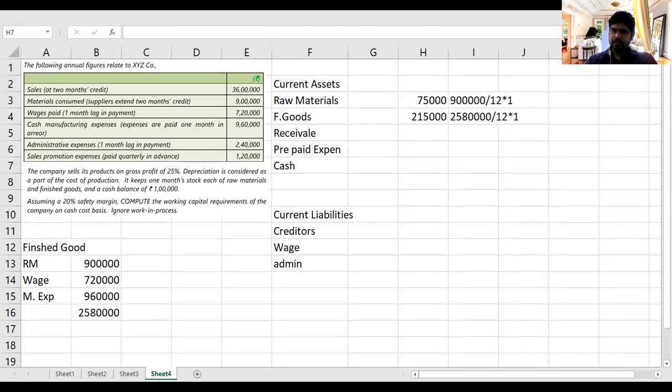And receivable, isn't it? Receivable, how much? To find the value of receivable, again we have to do some work on this. This is the value of finished goods, and we have to include this also.